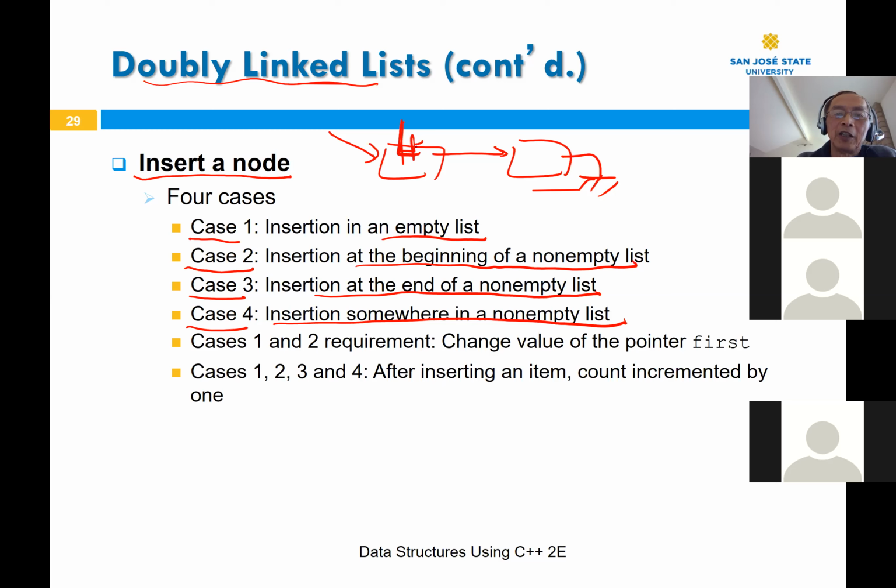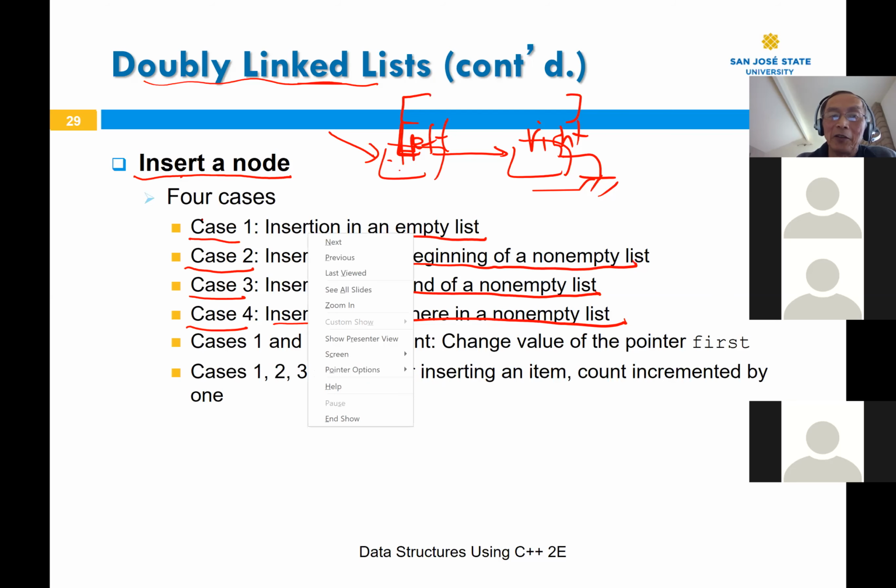Well, I should call it the left, and then this guy is the right. So you have the header and the trailer fields already in there. When you create it, it already has two boundary nodes there. Then, first of all, when you do an insert into this data structure, you don't have to consider whether it's empty or not, because it will never be empty.